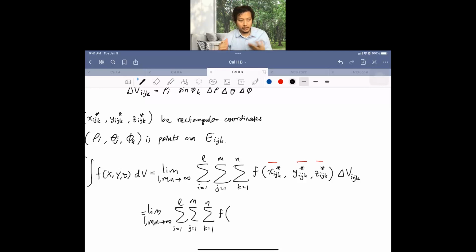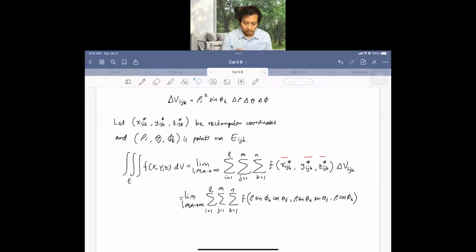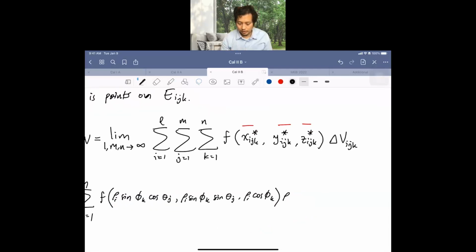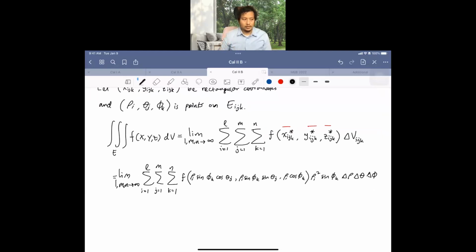X will be r cos theta, but r transforms in the sphere to rho sine phi, so x is rho sine phi cosine theta, y is rho sine phi sine theta, and z is rho cosine phi. And delta V, we take as rho i squared sine phi k delta rho delta theta delta phi, and that is the Riemann sum for the whole function.